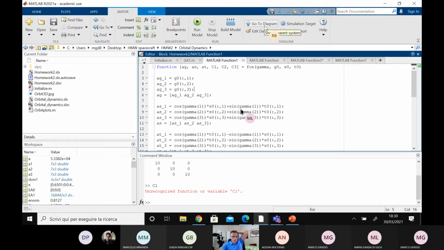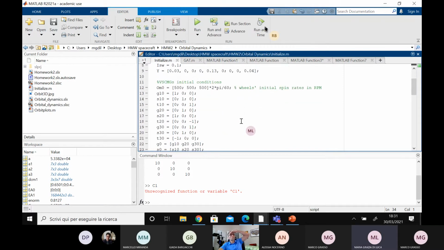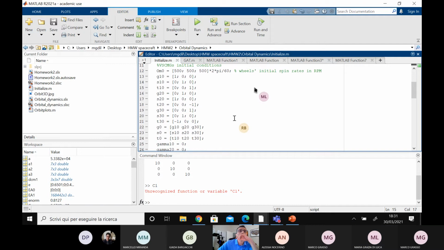It's the three of them together? G1, yes, 3? Yes. It's G1 0, G2 0, G3 0. Okay. And then S0 is S1 0, hold on, S2 0, S3 0, T1 0, T2 0, T3 0.